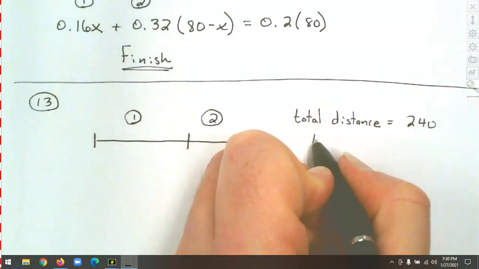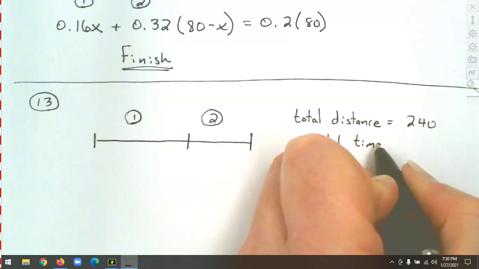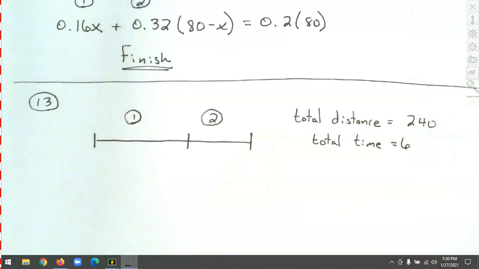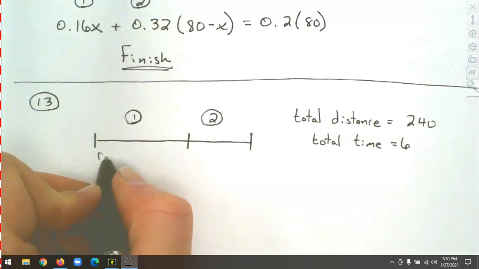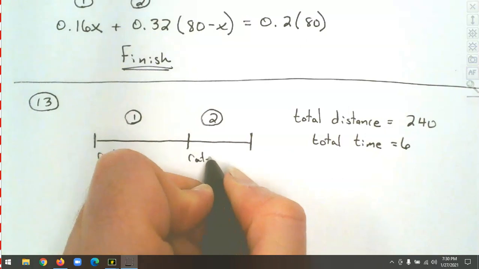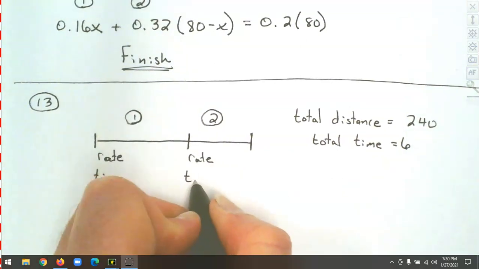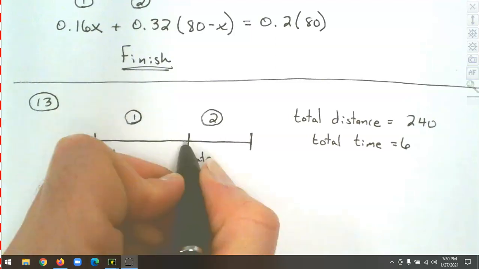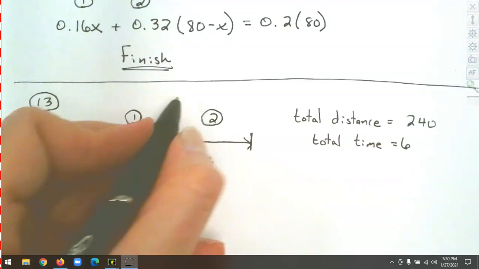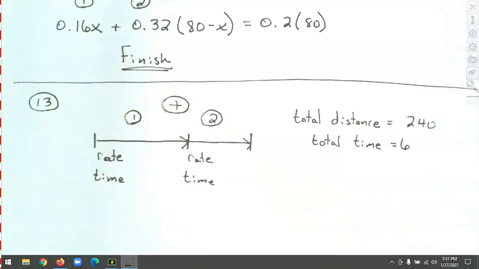And our total time is 6 hours. Each of these is going to have a rate of speed and a time. And these don't overlap, right? They're two separate parts. So this is going to be an addition problem. You've got one half and then another half.